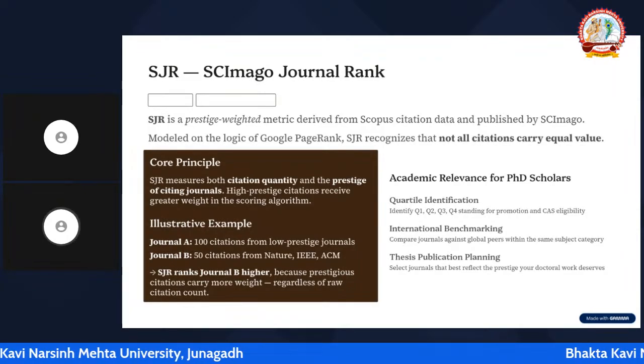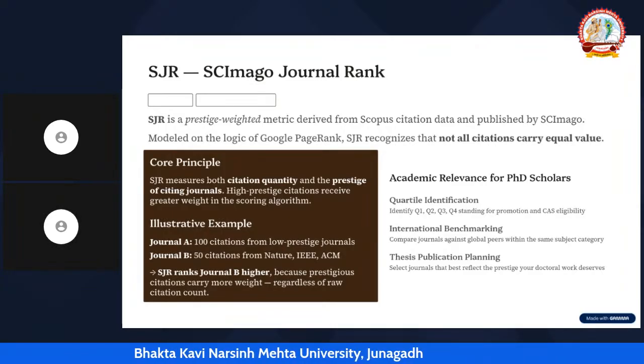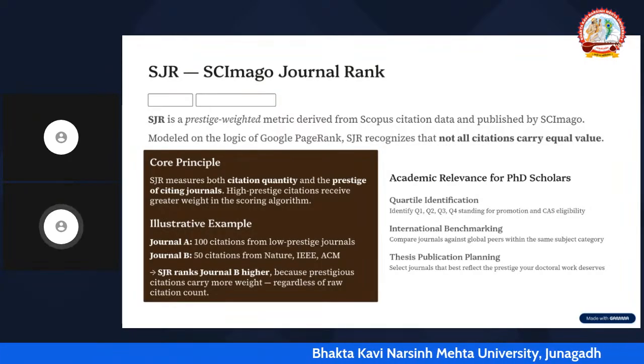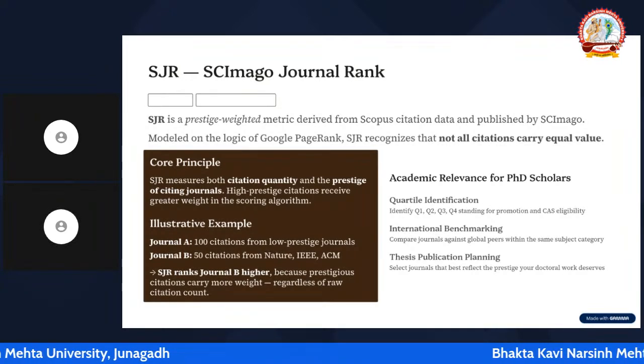If your SCImago Journal Rank is higher, then your journal will reside in the first quartile, that is Q1. Likewise, it decreases and you can also categorize Q2, Q3, and Q4 journals.